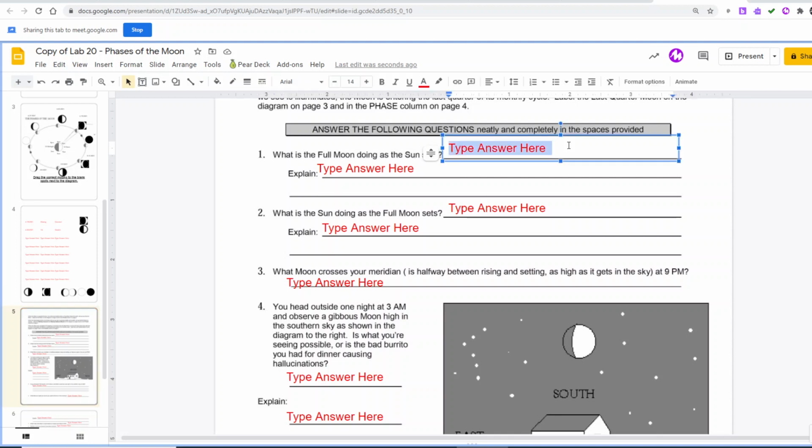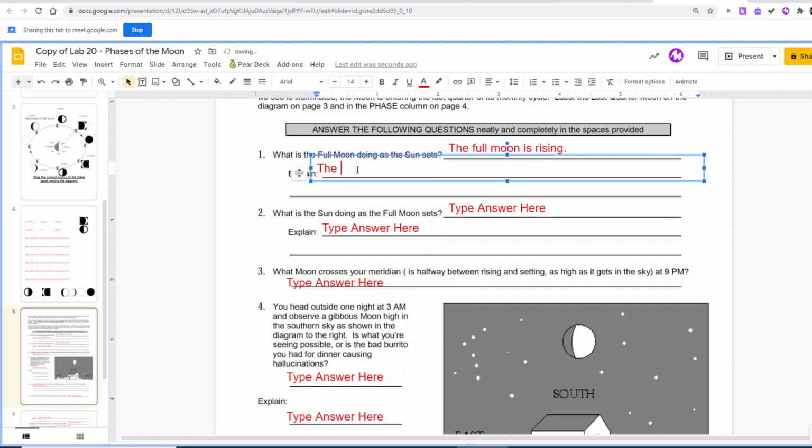What is the full moon doing as the sun sets? The full moon is rising. And explain. The full moon and sun are opposite. That's good enough.